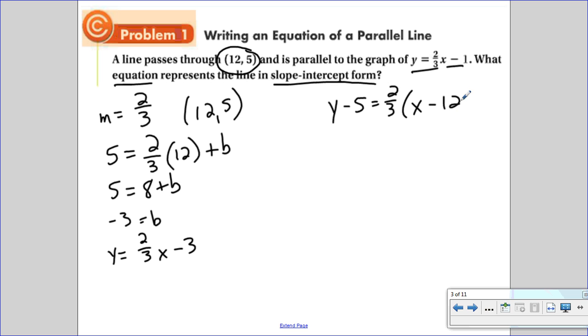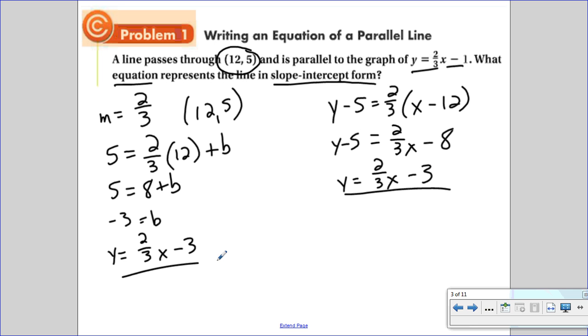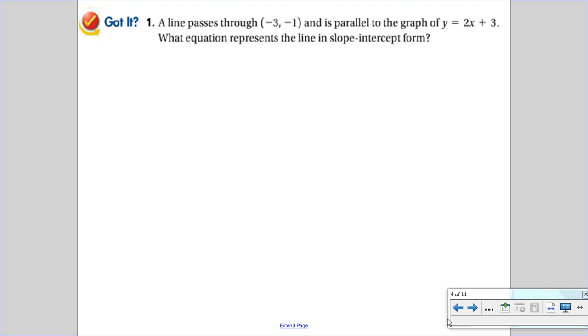That's my x value. And I distribute, so I get 2/3 x, 2/3 times minus 12, we have -8. I would then take this and add 5, which means -8 plus 5, and I get -3. Same thing, two different ways. You pick which one you're more comfortable with.